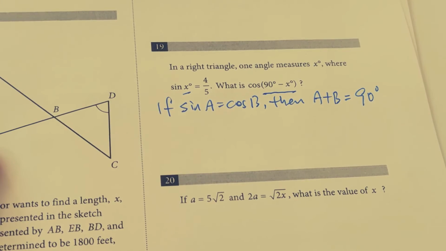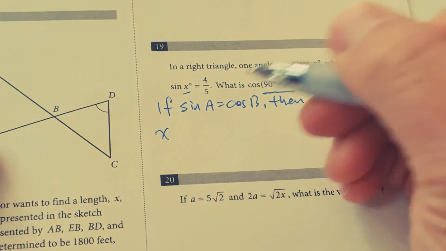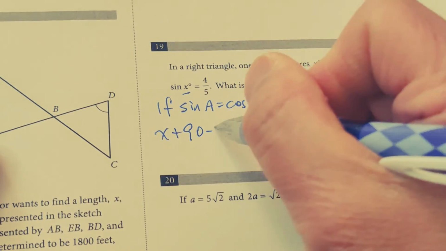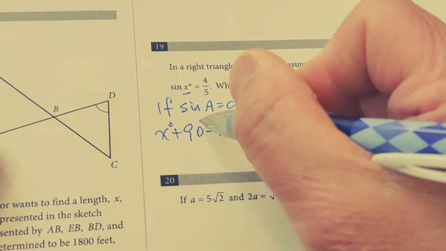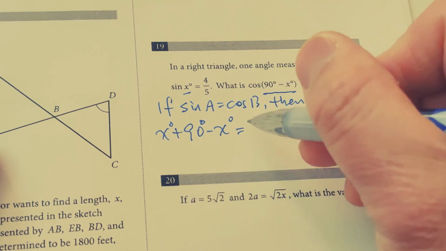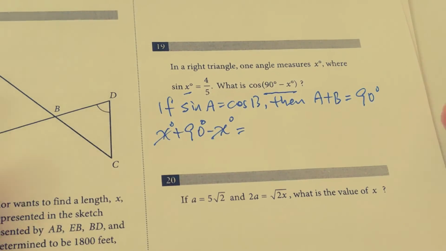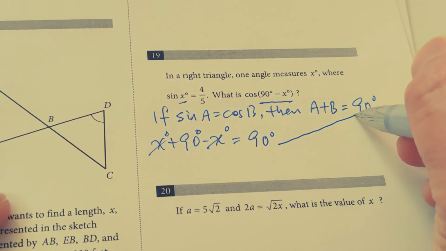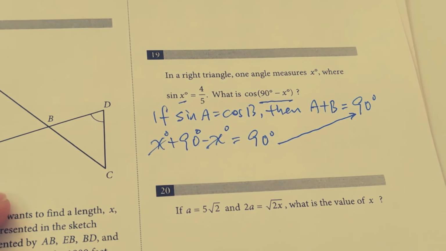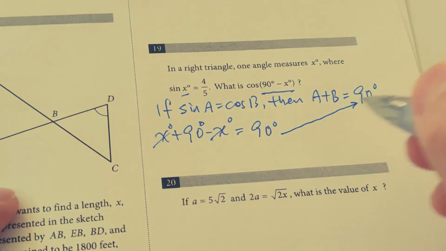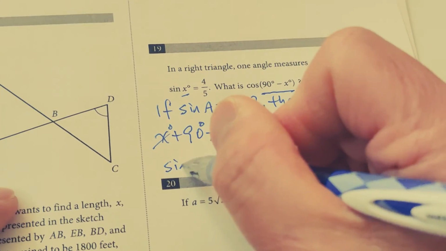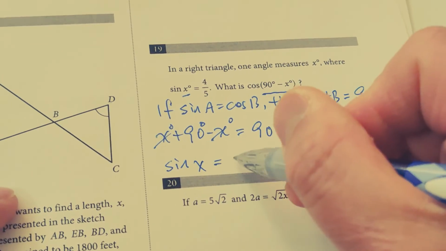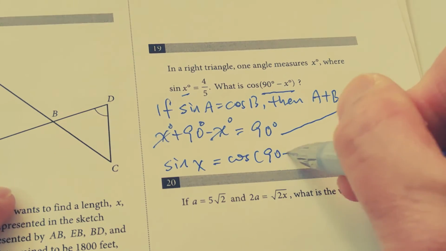So obviously, when you add these two angles up, you will end up having this cross out, right? x minus x is gone. You will end up having 90, which is the same as what the rule says here, 90 degrees. That means you can say sine x will be equal to cosine 90 minus x.